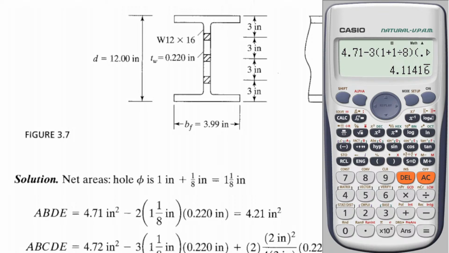It is very easy to recall the formula for staggered holes, S squared over 4G, because G means gauge. Gauge shows you the size of the element, and the size of the element can be shown by the vertical depth.